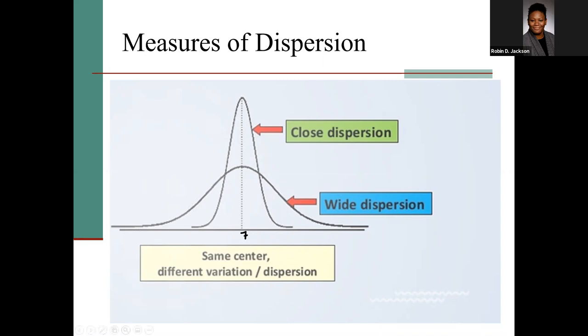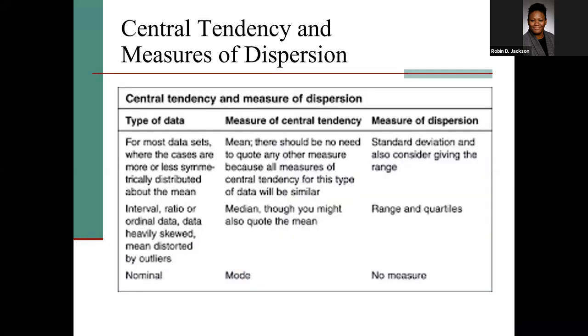Now, one of the other things that I want to talk to you about is central tendency and measures of dispersion. There are going to be three different things that I talk about. And this particular chart, I want you to revisit once I finish with this lecture.